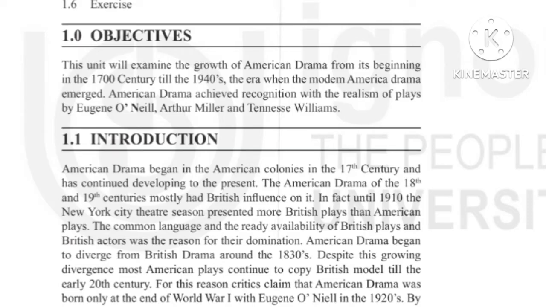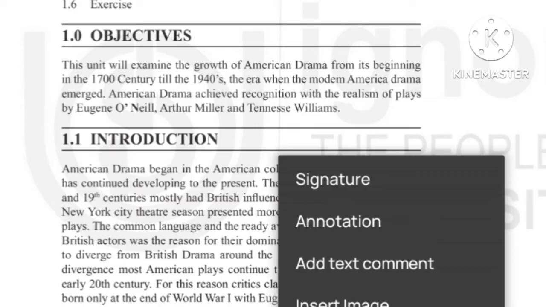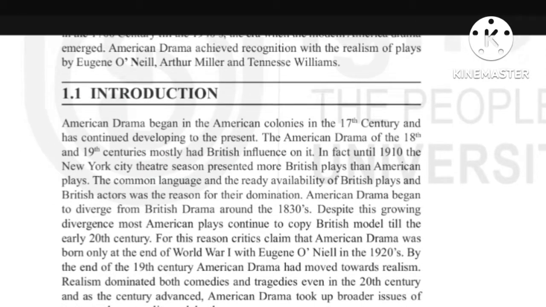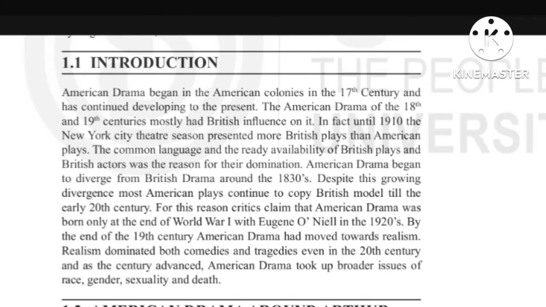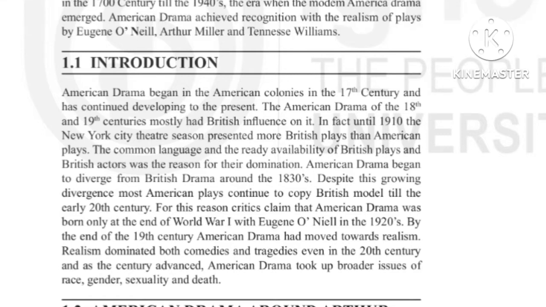Let us go to the next point, Introduction. American drama began in the American colonies in the 17th century and has continued developing to the present. The American drama of the 18th and 19th century mostly had British influence on it.